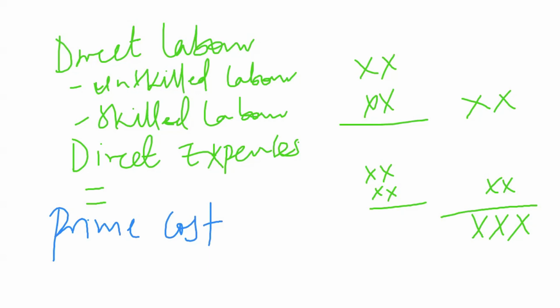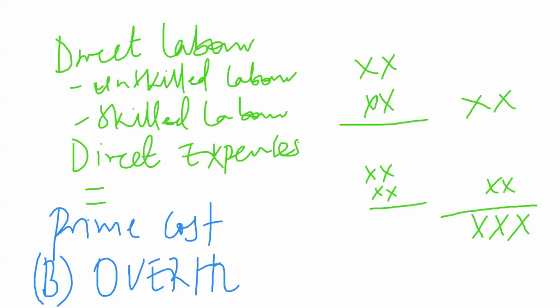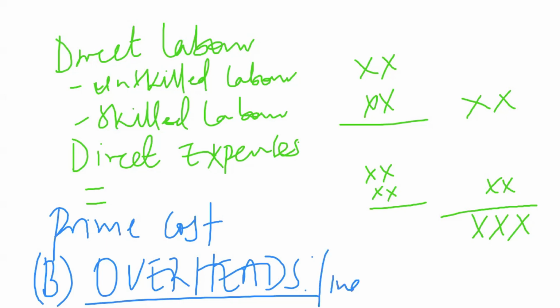Now we go to the second category, because the other category was the prime cost. So we go to B. B is our overheads. And another word for overheads, we call them indirect costs.